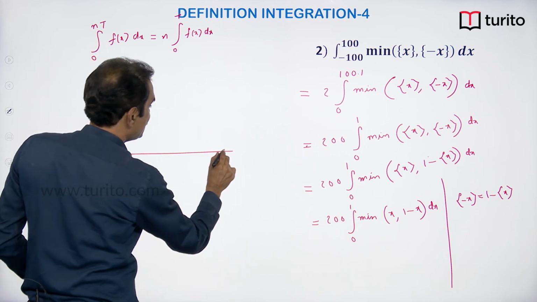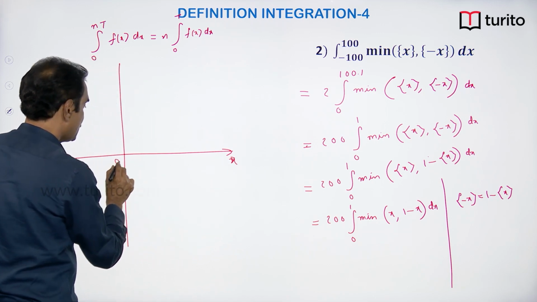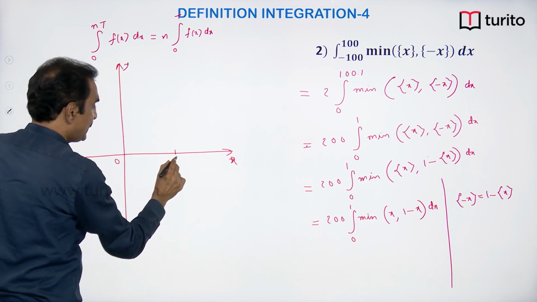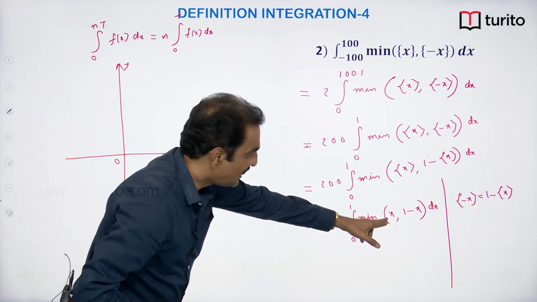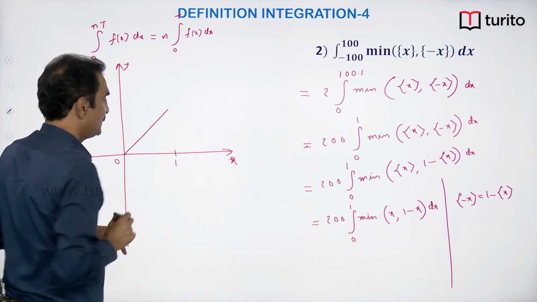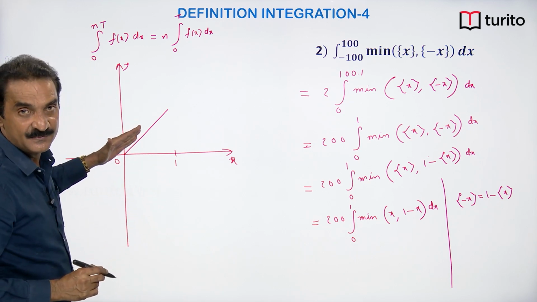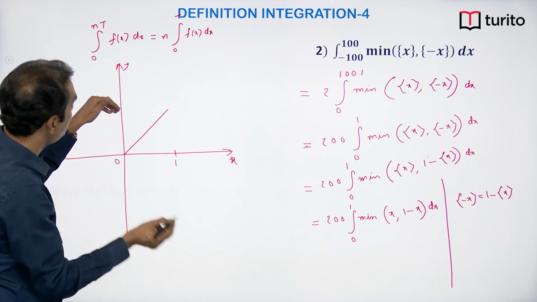Take the coordinate axis like this. The given interval is 0 to 1. In the interval 0 to 1, first draw the graph of y is equal to x. It is a straight line through the origin inclined at 45 degrees with the x axis. What is the graph of y is equal to 1 minus x?